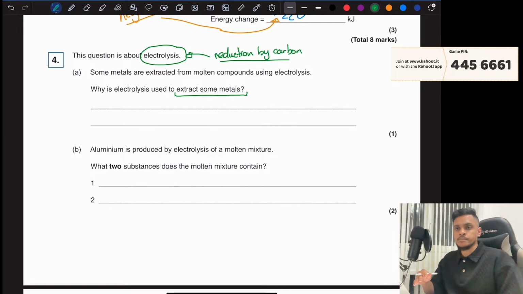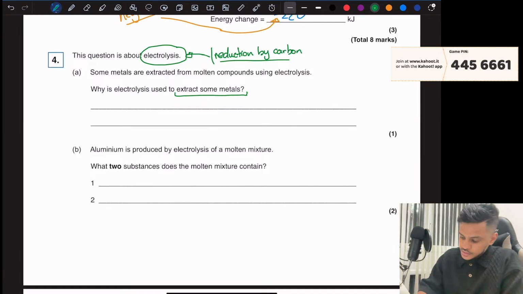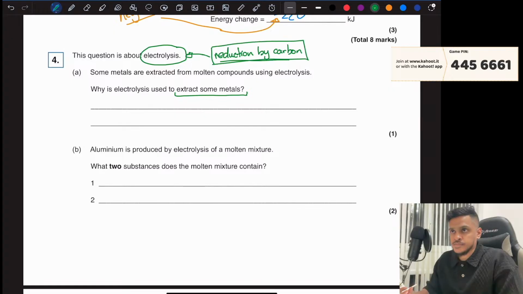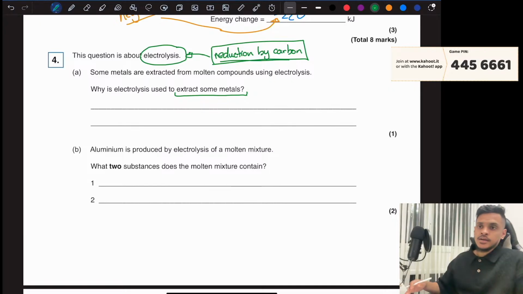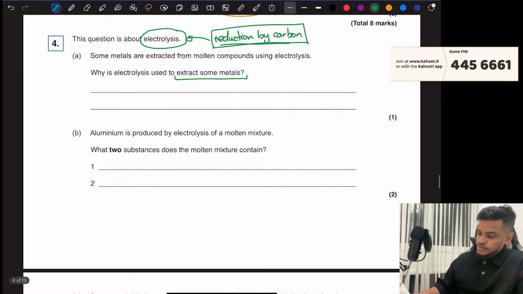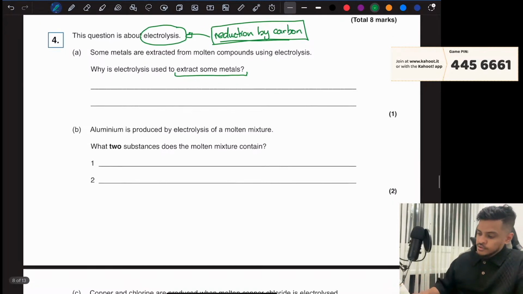If the metal is more reactive than carbon, we can't use this top method. We can't use reduction by carbon. Electrolysis is a very expensive process, so we'd rather not use it, but for these metals which are more reactive, we do have to use that.